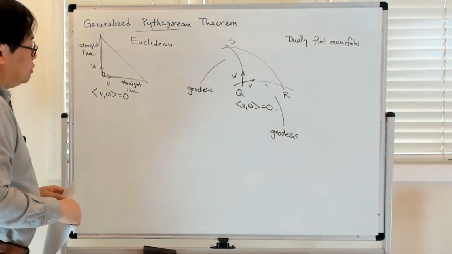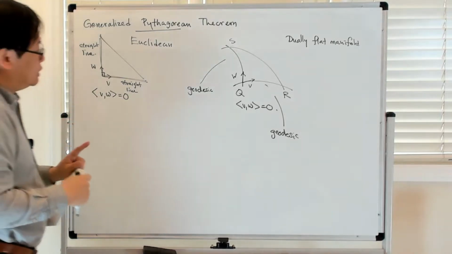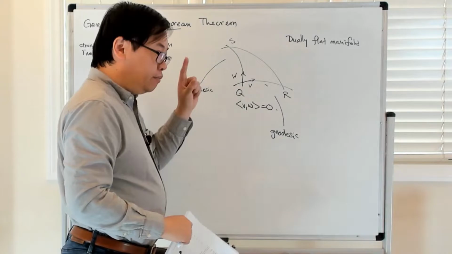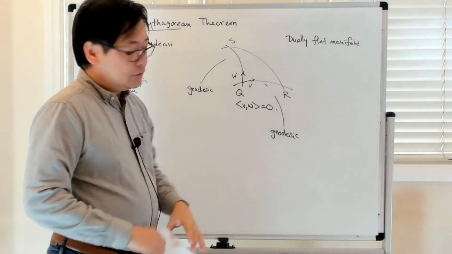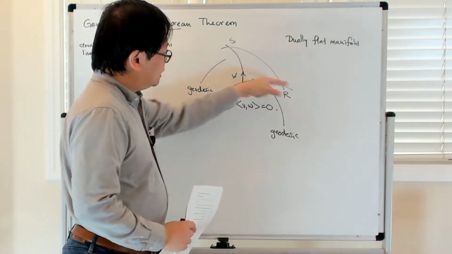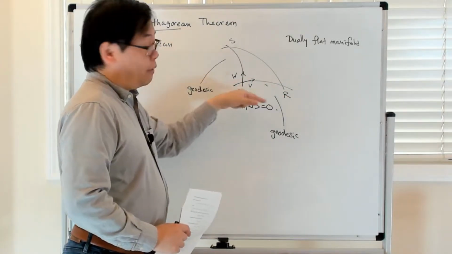Because metric compatibility of parallel transport requires parallel transporting one of the vectors with the primal connection and one with the dual connection, we're not going to use the same notion of geodesics for both of these curves.